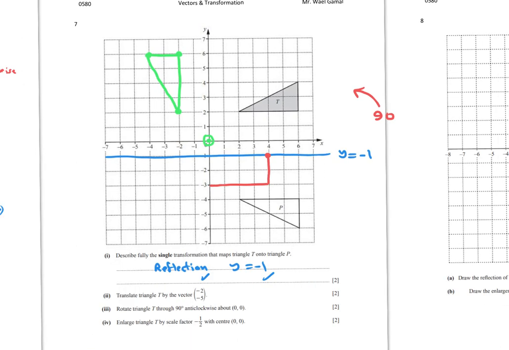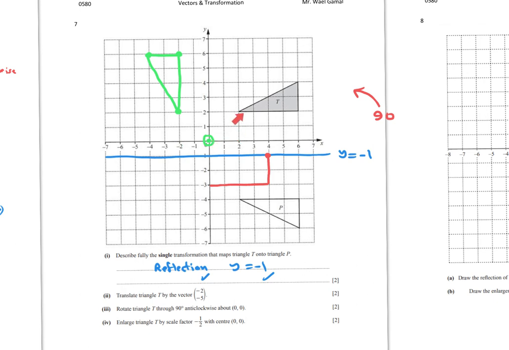Yes, sir. Now for IV, we need to enlarge triangle T with scale factor -1/2 with center 0, 0, the origin. This is the center. Now to enlarge this triangle by scale factor -1/2, to find the image for this point, you have to travel from the center of enlargement to right and to up.